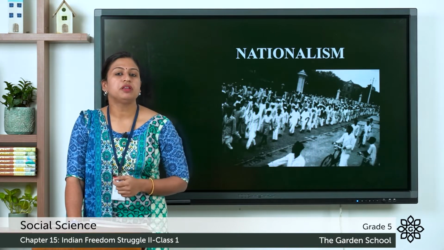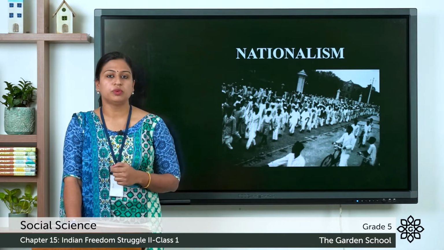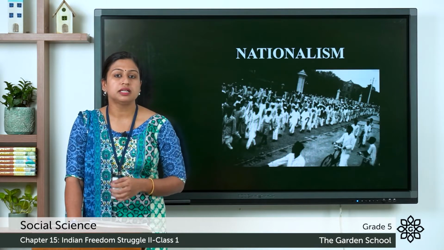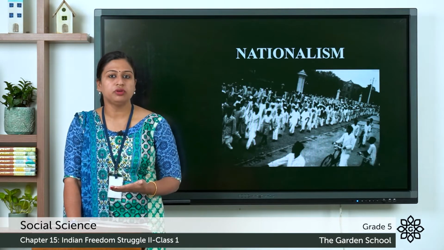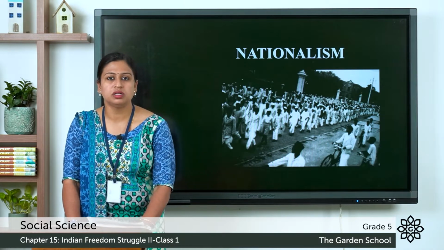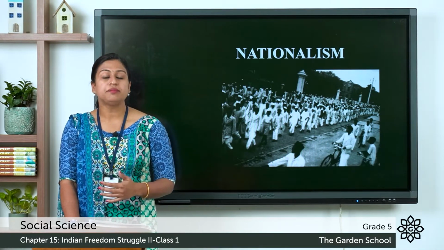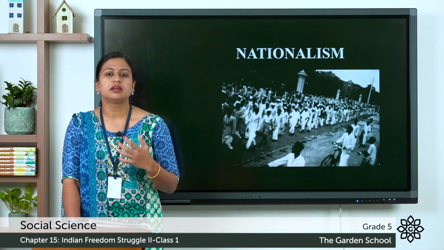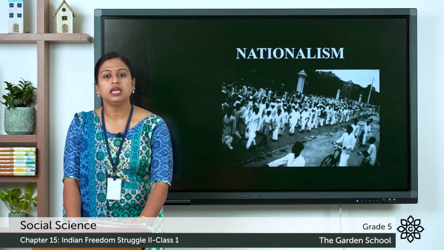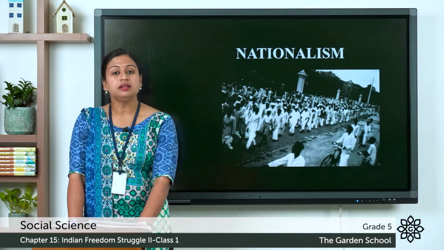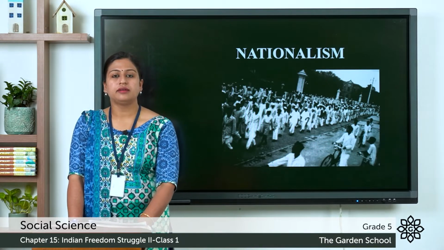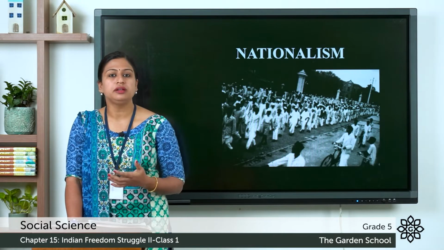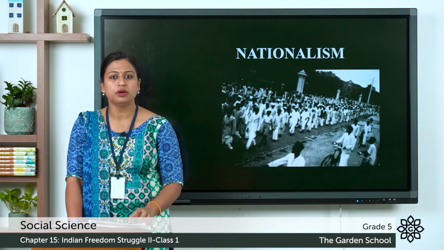We discussed in the previous chapter that during World War I, the Indian national leaders thought that if they would support the Britishers in this World War, then they would accept their demand for self-government. Self-government means the government consisting of only Indians. But the Indian leaders realized that the Britishers had no intention of giving power over India.